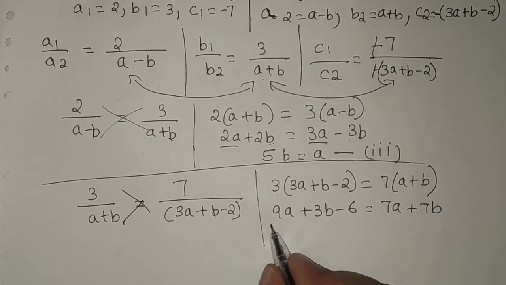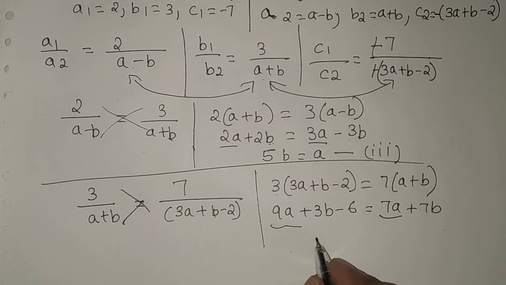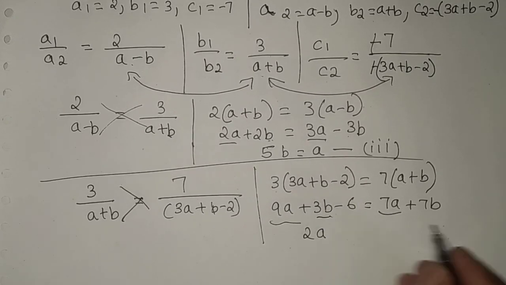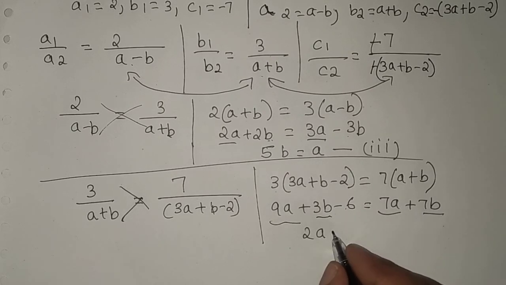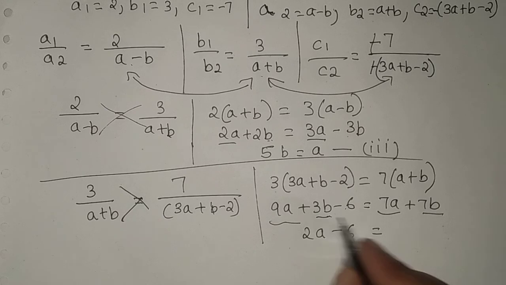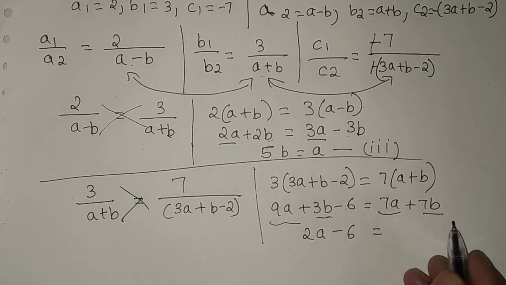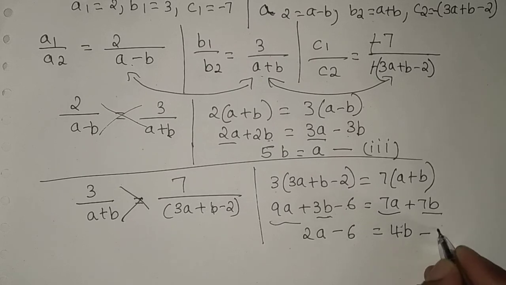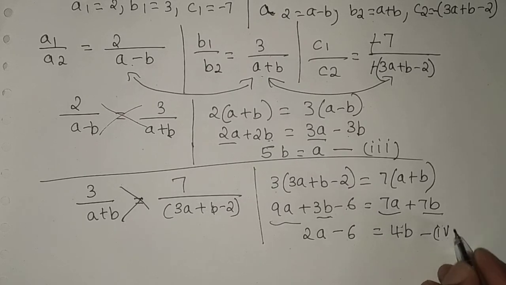So now simplify. A will become 2a, the minus 6 remains as it is, and b will become 7b minus 3b, which is 4b. So this is equation 4: 2a minus 6 equals 4b.